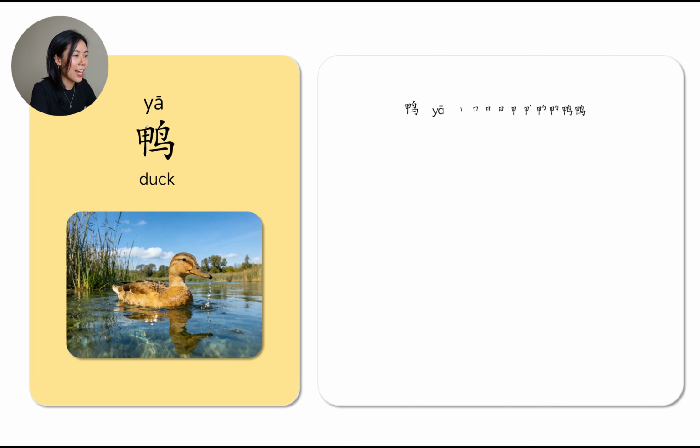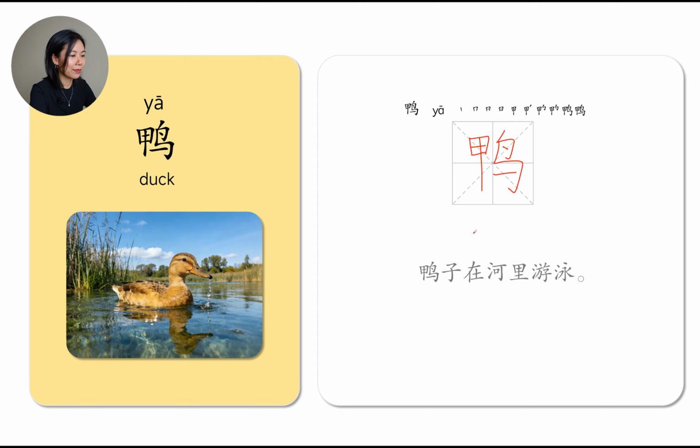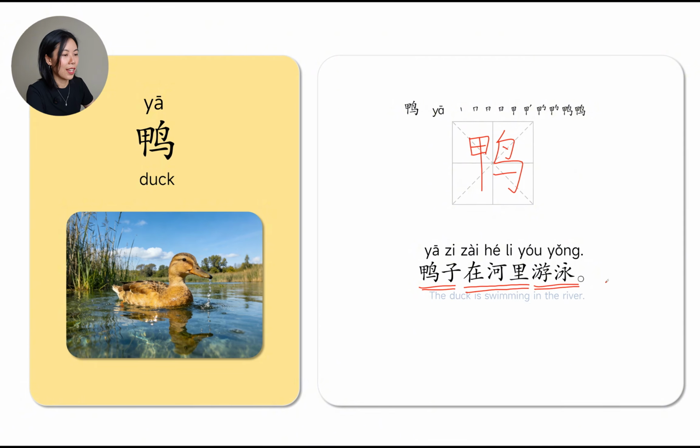Now let's learn to write the 鸭。一二三四五六七八九十，这是鸭。好的，鸭子在河里游泳。鸭子在河里游泳。The duck is swimming in the river.